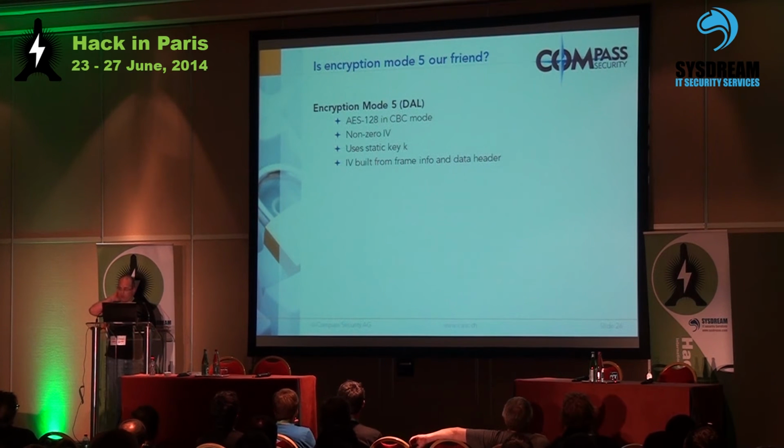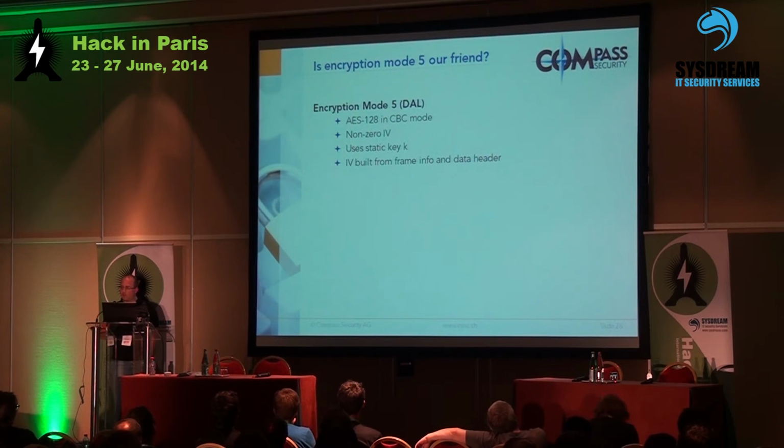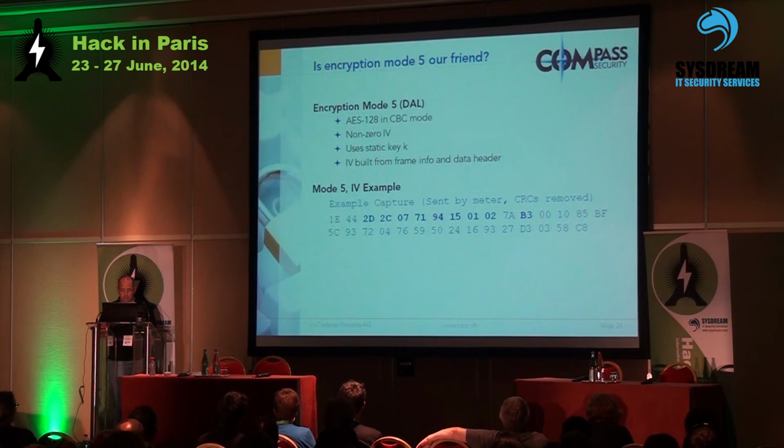They take the IV from the manufacturer. This is a good idea. Now it's probably not changing over the lifetime of the meter. It's not any better. So there's the address of the meter. As this is the serial number of the meter, usually it doesn't change either.